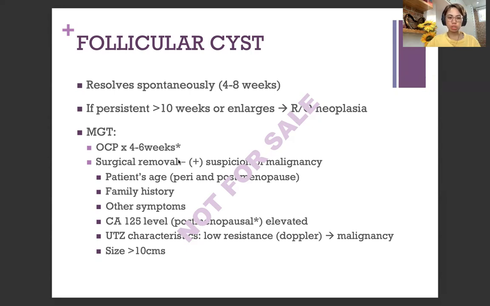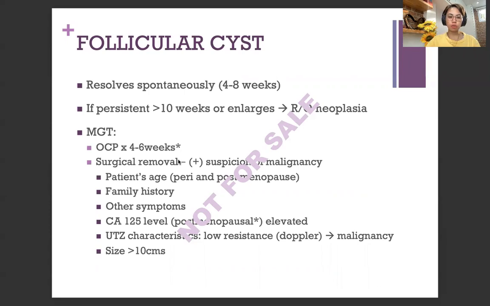You look at the patient's age, family history, other symptoms, and CA125 level for postmenopausal women, because I said CA125 level can be elevated among reproductive age women. There is a low resistance in color Doppler. If we are considering malignancy, this is something that we should look into.